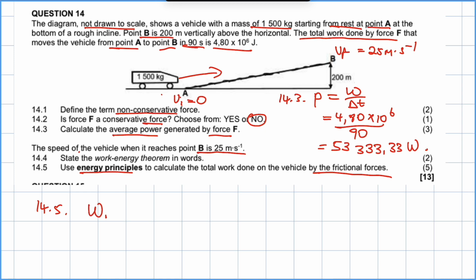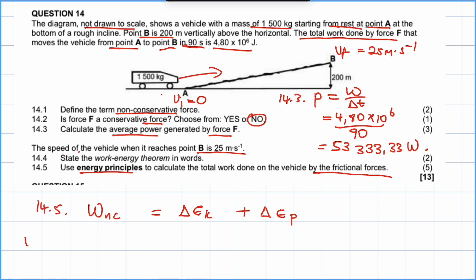We can say W_NC is equal to change in EK plus change in EP. And there are two non-conservative forces here. We have the frictional force and we also have the applied force. So it's work done by the frictional force and work done by the applied force.